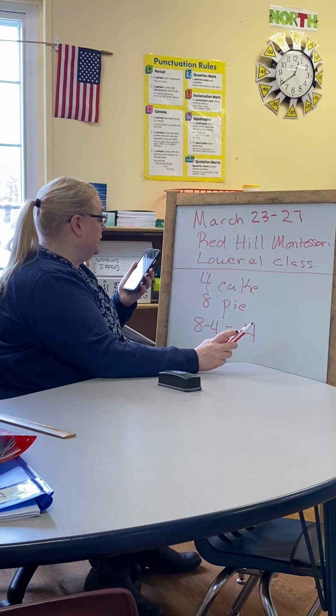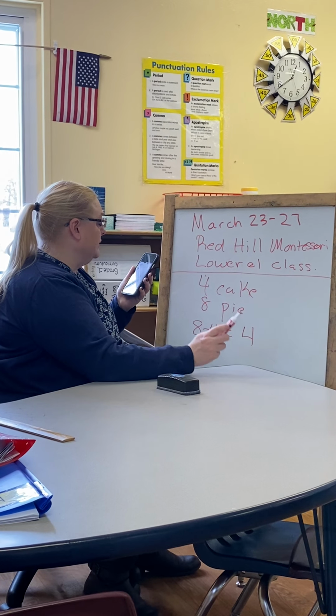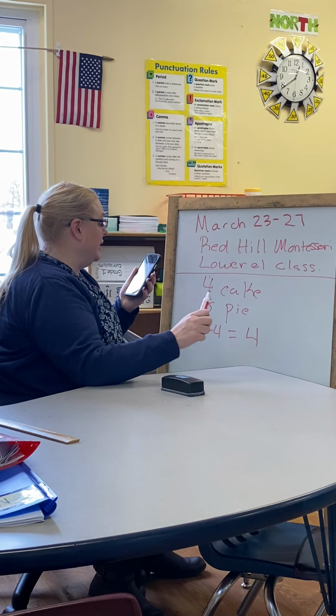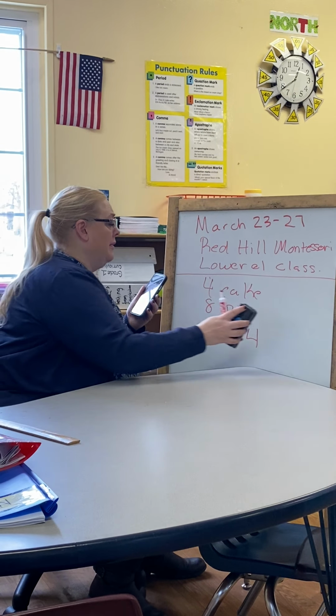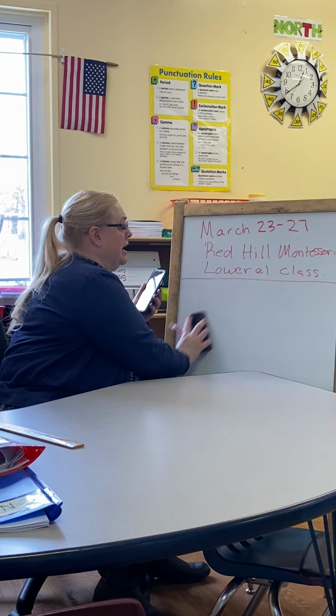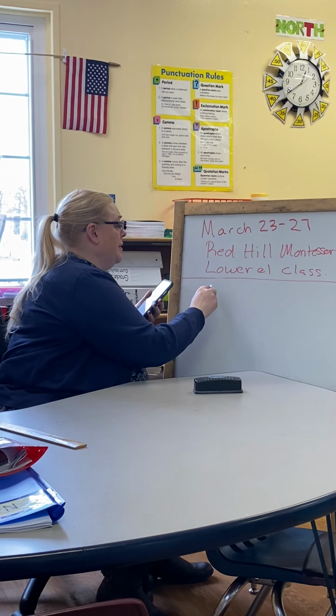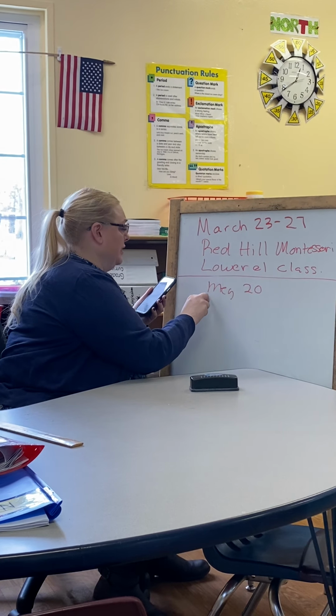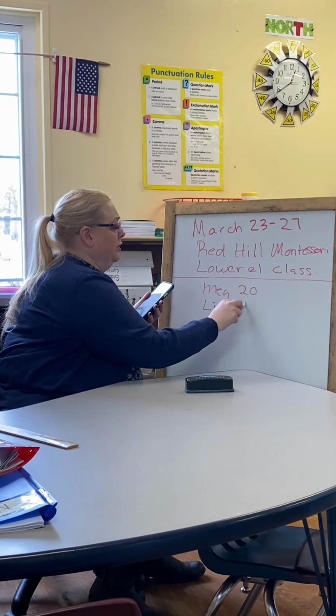If we go to number 2, it says Meg has 20 crayons and Liza has 13 crayons. How many fewer crayons does Liza have? All right, so what we have to do with this one is, once again, it's a subtraction problem. We know that Meg has 20, and we know that Liza has 13.